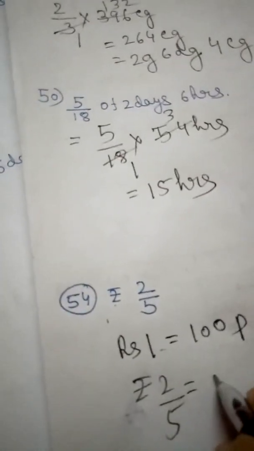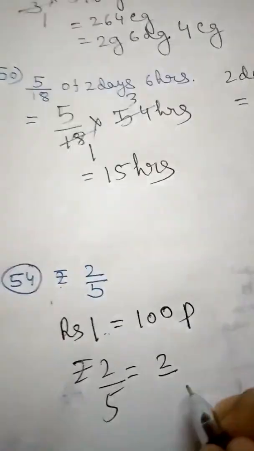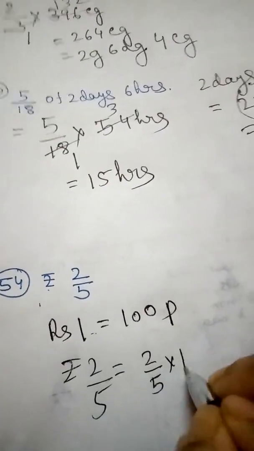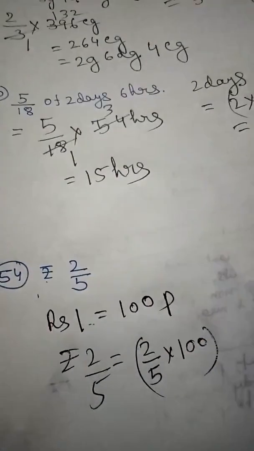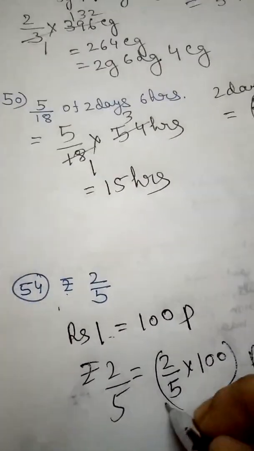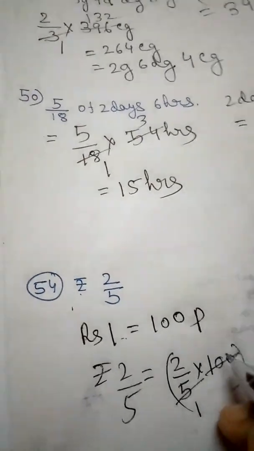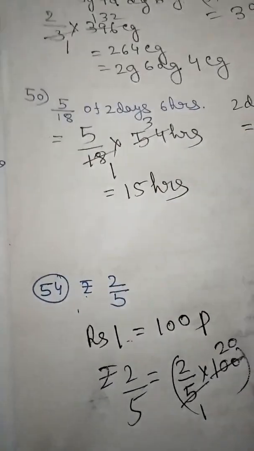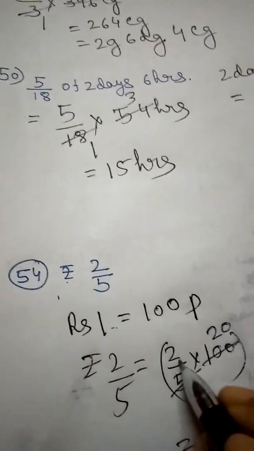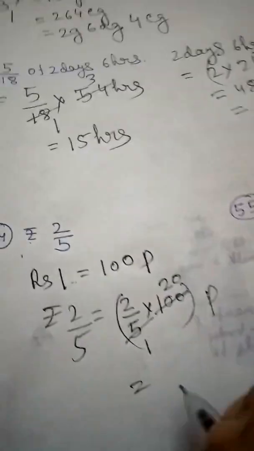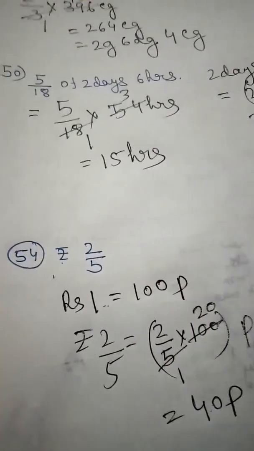So rupees 2 by 5 equal to 2 by 5 into 100 pies. It is going by 5, 5 ones are 5, 5 twos are 10, 5 twenties are 100. So this is equal to 2 into 20 equal to 40 pies. Is it clear?